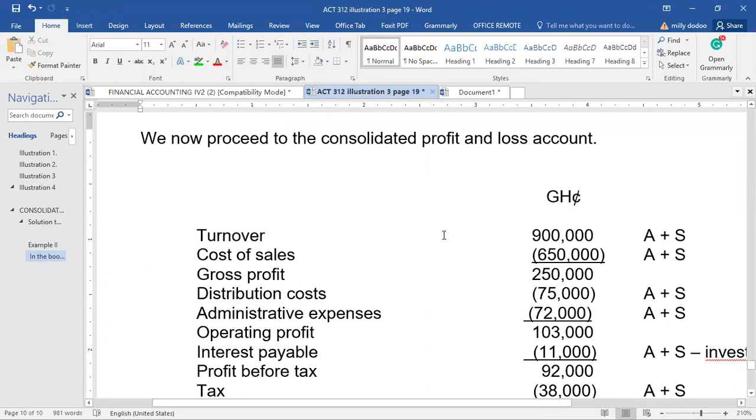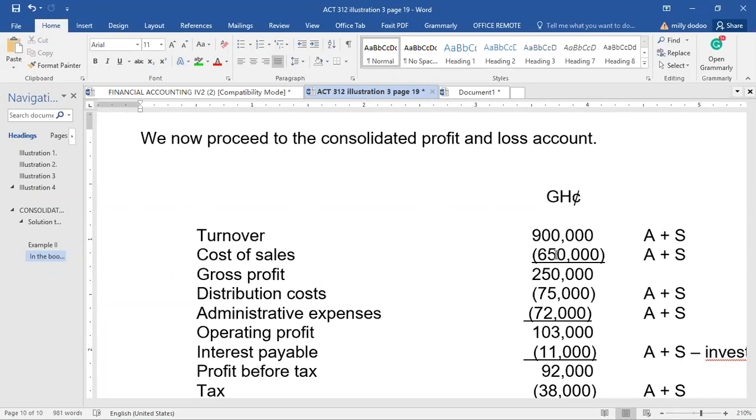So 600 plus 300 gives me the 900 I'm having here. The cost of sales was 420 and 230, so I'll add the two and get 650 Ghana cedis. When I deduct the 650 from the 900, I get 250,000 Ghana cedis. That is my gross profit.